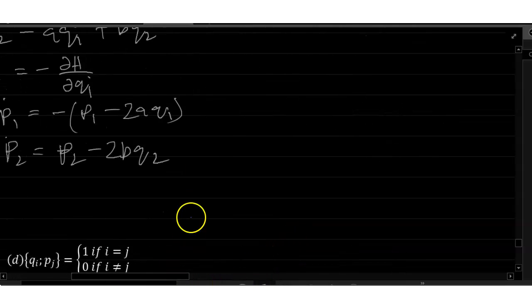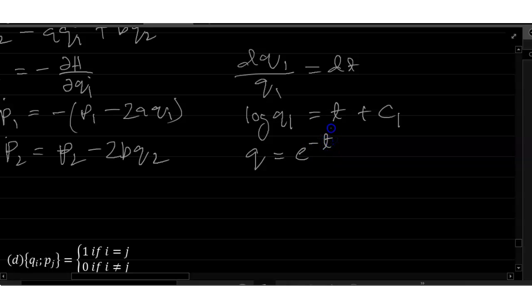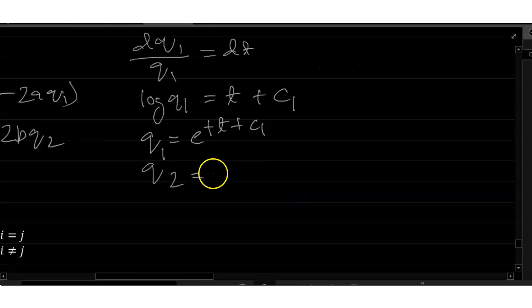So dq1 divided by q1 equals dt, and log q1 equals t plus c1, so q1 is equal to e to the power t plus c1, and q2 is equal to e to the power minus t plus c2.